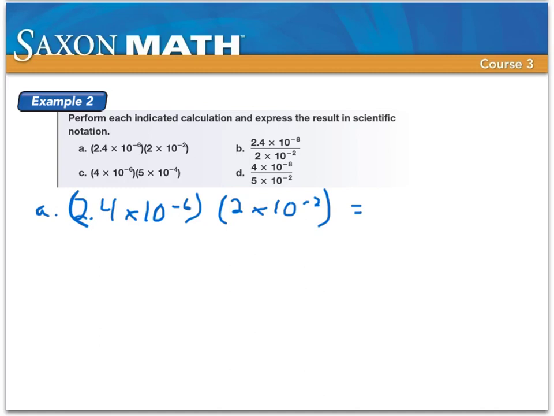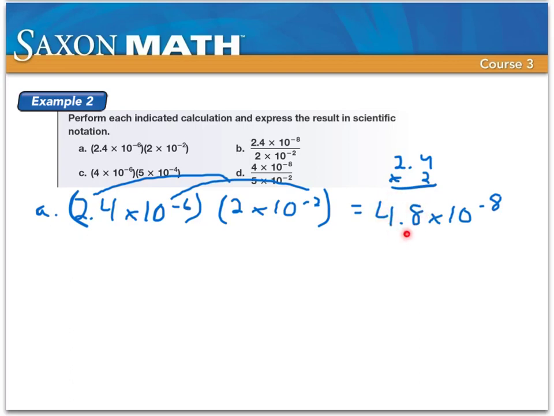So again, I'm going to multiply the number parts. 2.4 times 2, well that's 4.8, times 10, and we're going to take these exponents and add them together. -6 plus -2 is -8. And now I'm going to check and say, is this number in scientific notation or not? We know it's in scientific notation if this number is between 1 and 10, which it is, and we're multiplying it by 10 to some exponent. So that's it. We are done on this one. It's 4.8 times 10 to the -8th.